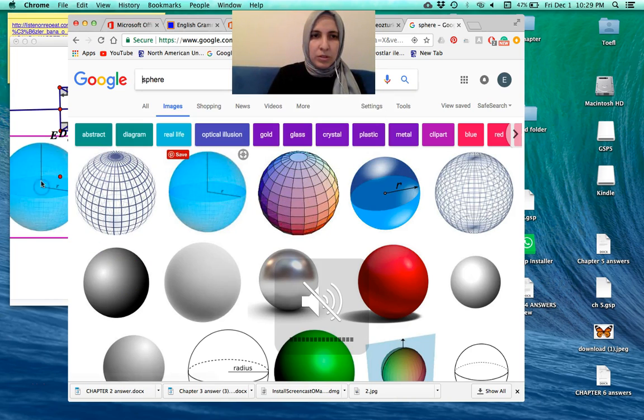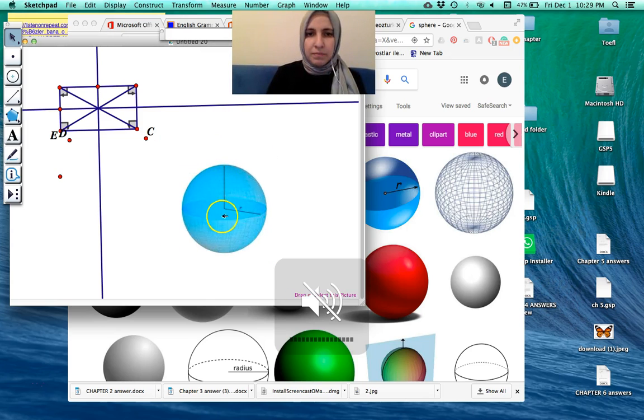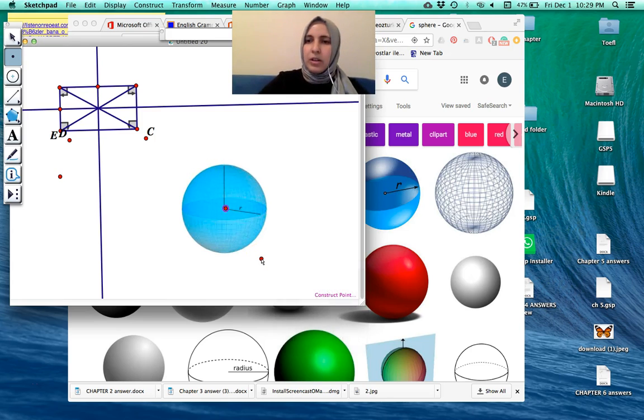Go to the sketch. As you see, if I use the center of the sphere, there is an infinite number of symmetry lines, you will see.